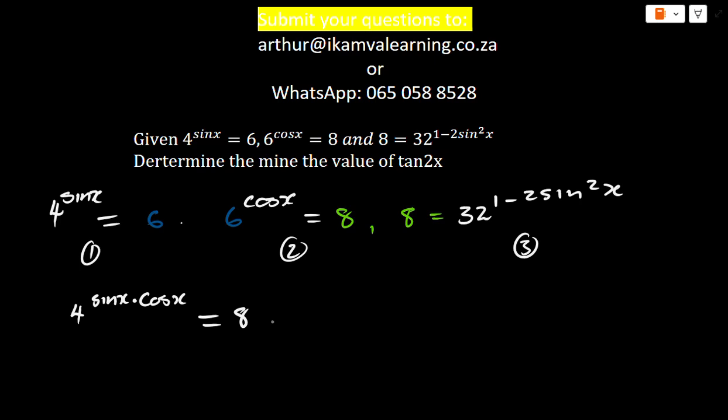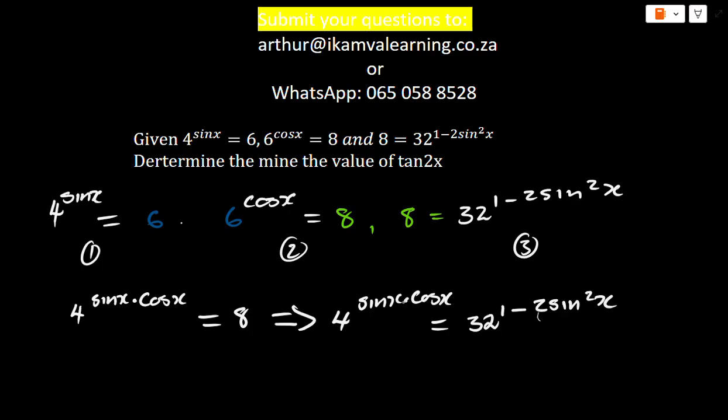Alright, so what we then do is rewrite this: 4 to the power sine x times cos x is equal to 32 to the power 1 minus 2 sine squared x, right? So let's write that. 32 to the power 1 minus 2 sine squared x.